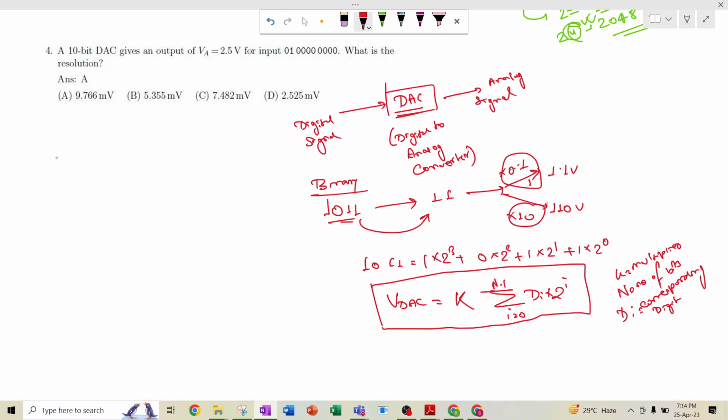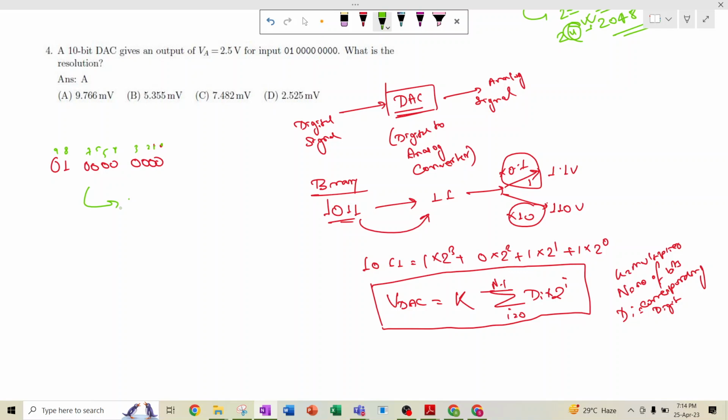If it is 0 1 0 0 0 0 0 0 0 0, counting positions 0 1 2 3 4 5 6 7 8 9, we have to convert this binary value to the corresponding decimal value.